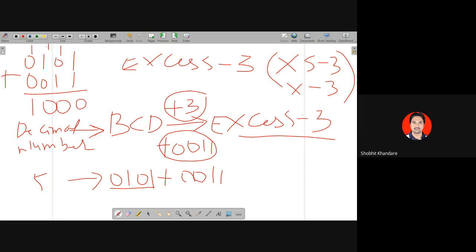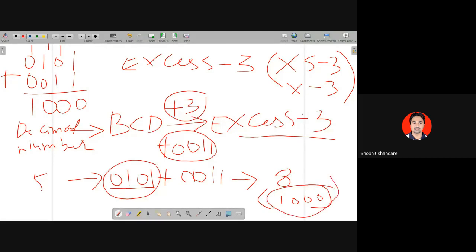So what is 1000? What is the equivalent of 1000 in decimal number? 8. In decimal number 8. So Excess-3 I have got 8. That is in decimal. In binary it is 1000. So I can conclude a decimal number 5 which is represented as 0101, its Excess-3 is 1000.